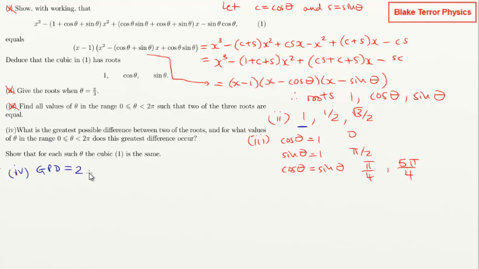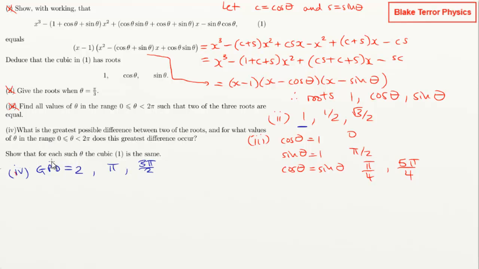So for what values are we going to get minus 1? We get minus 1 for cos at pi, and we get minus 1 for sine at 3 pi over 2. So that's not asking for much either.